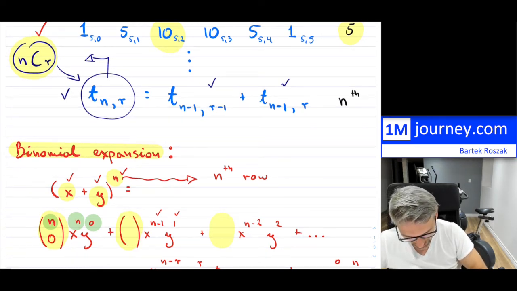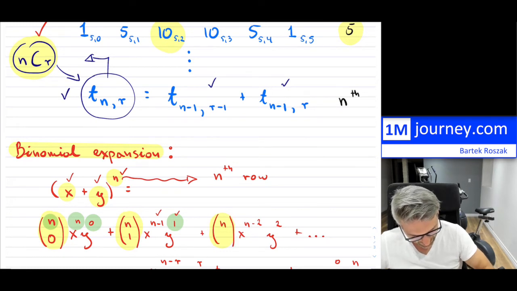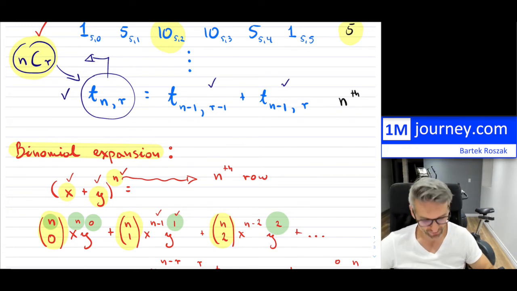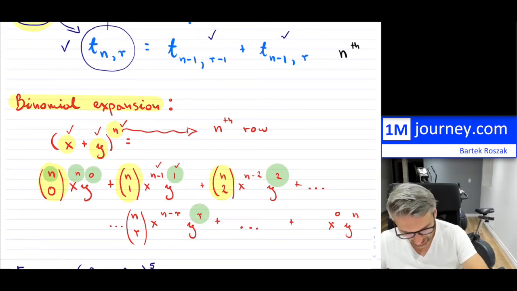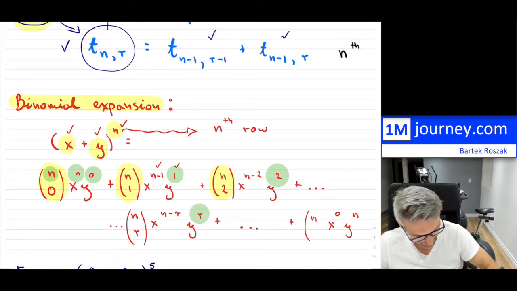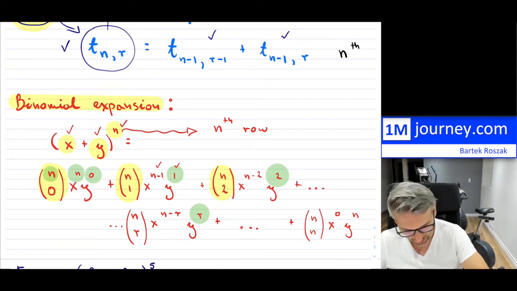For the second one, because we are in the nth row, this always stays as n, and then you're choosing the first one, which comes from here. The next one would be n choose 2, which is the exponent on the y, and so on, until eventually n choose r, right there, and finally n choose n.